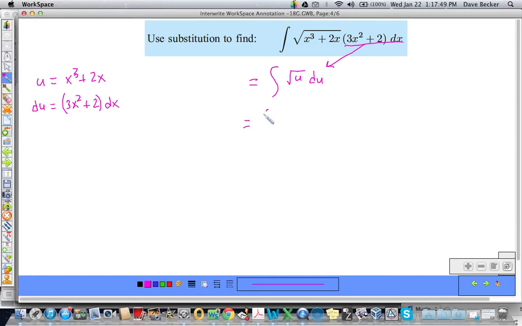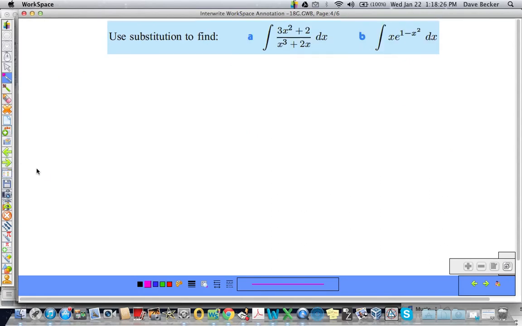Okay, and again, that's the integral of u to the 1/2 du, which is equal to, as we did before, 2/3 u to the 3/2 plus c, and substituting u back in, then we get 2/3 multiplied by x cubed plus 2x to the 3/2 power plus c. Easy peasy pumpkin pie. Okay, done. Nice. So the substitution isn't that bad.